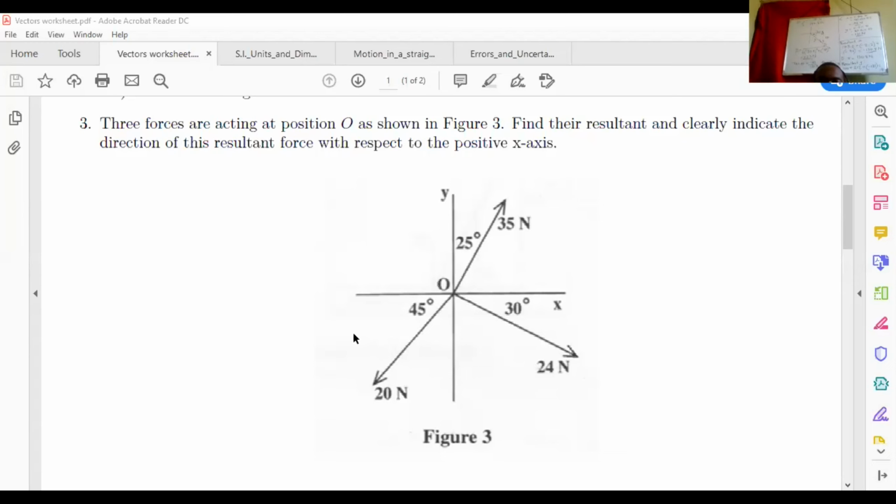I got 22.14 newtons. All right. Let's see if someone else got it. So 22.1. And what's the angle?